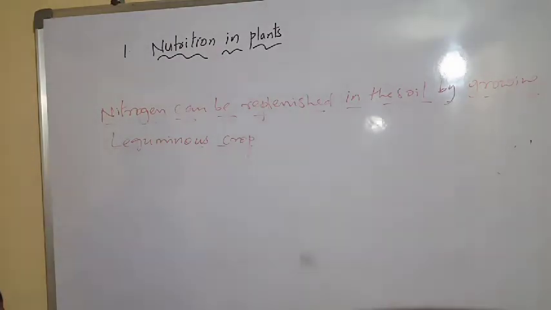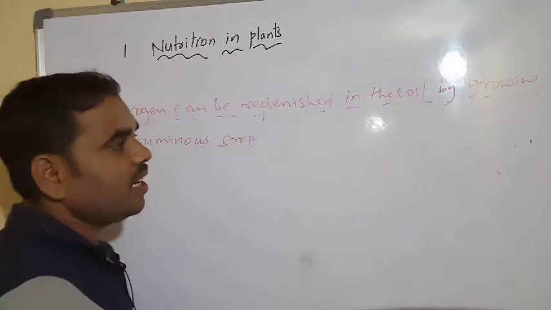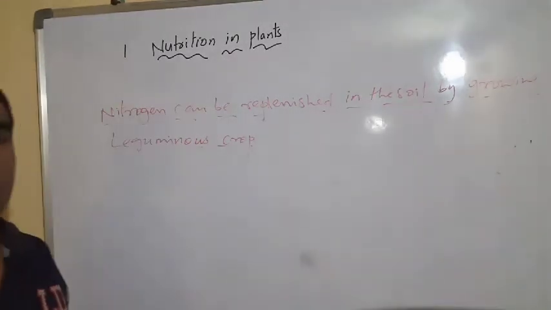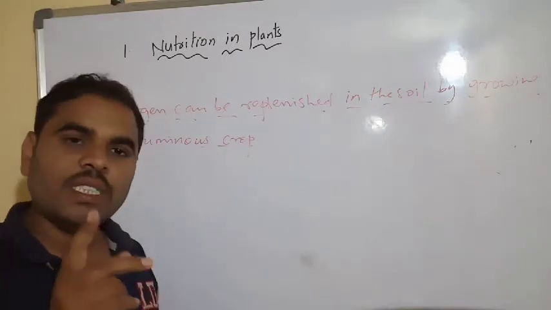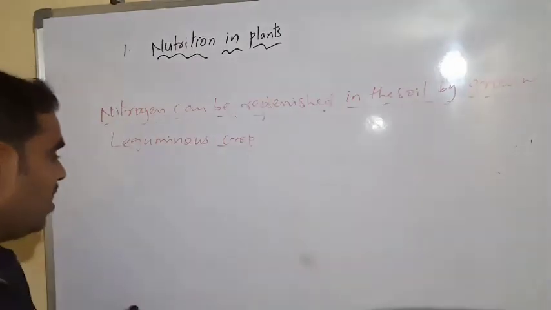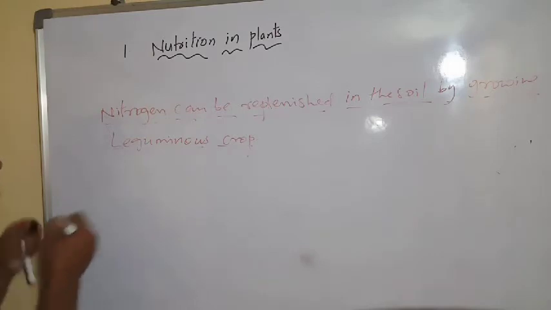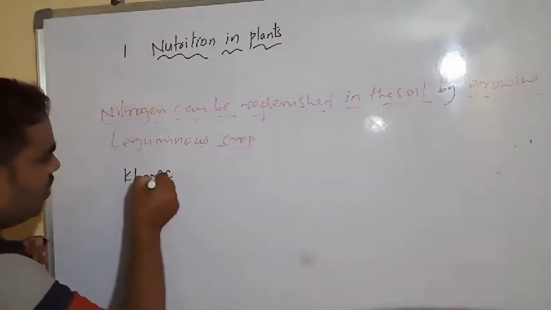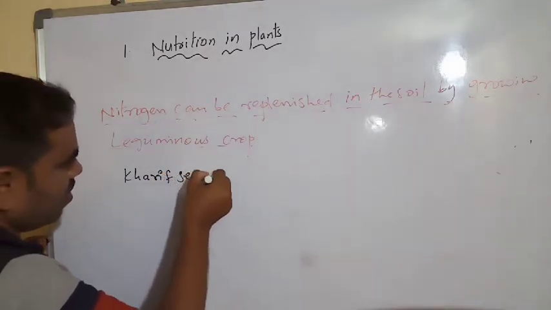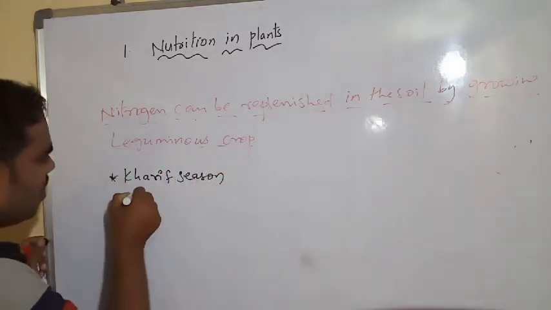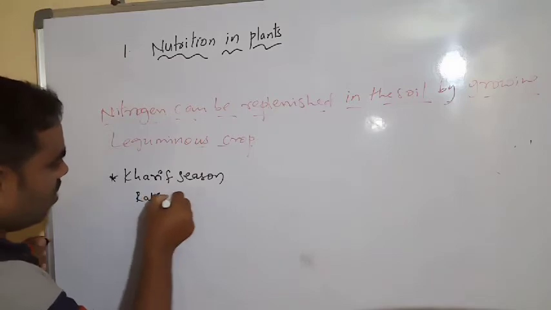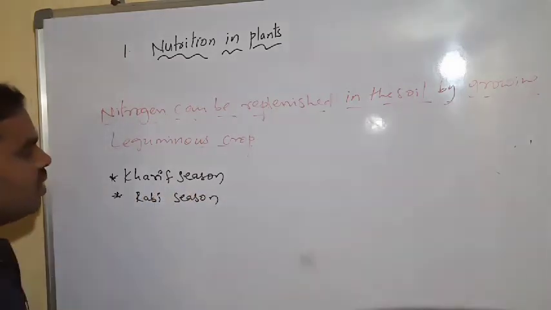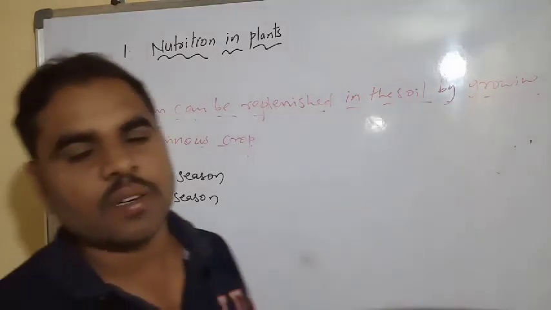For example, basically we are getting two crop seasons. One is the Kharif season, another one is the Rabi season.